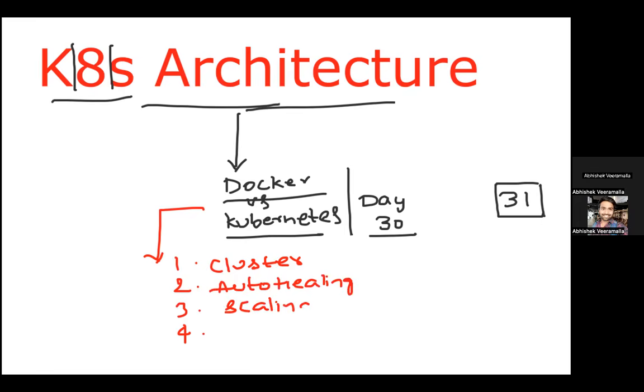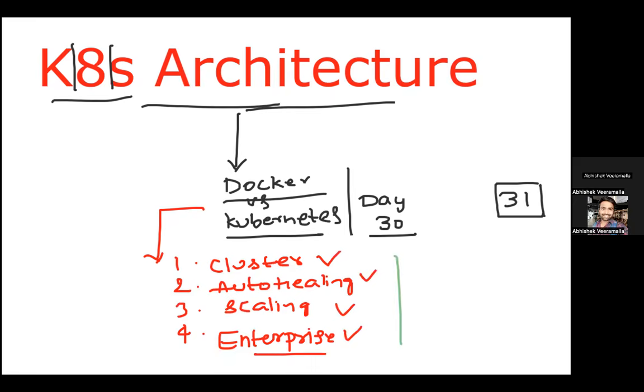And finally, it offers multiple enterprise-level support: advanced load balancing, security-related features, and advanced networking. This is a major difference between Docker and Kubernetes. We understood these four things in detail, and today I'm going to explain the architecture of Kubernetes using these four examples.